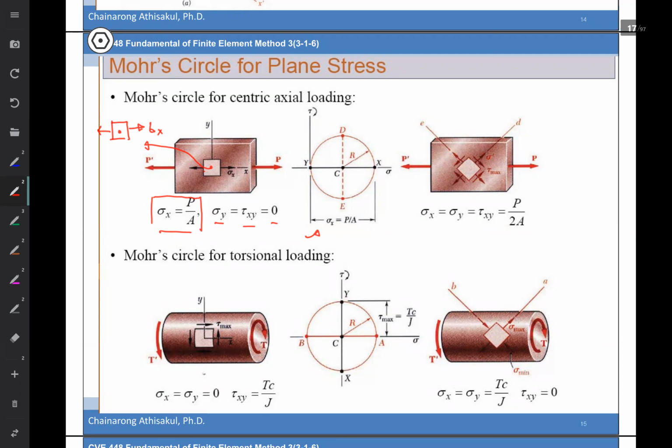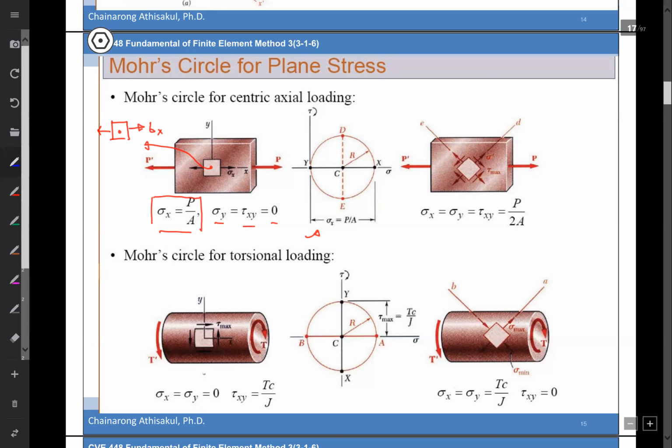Okay, so if we consider another plane, for this case we consider the stress along this plane, we see sigma x.